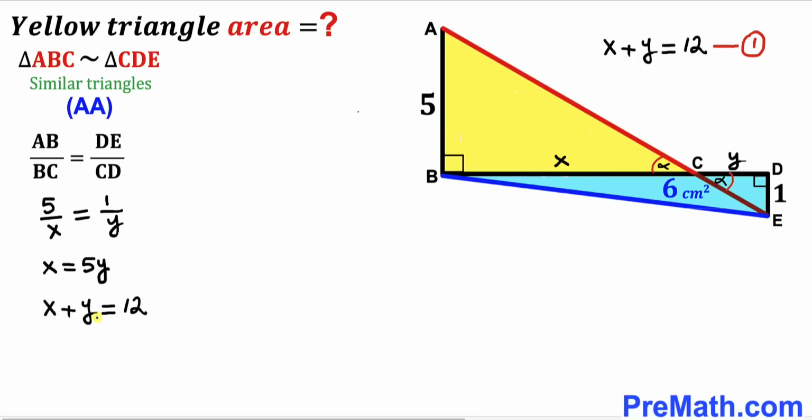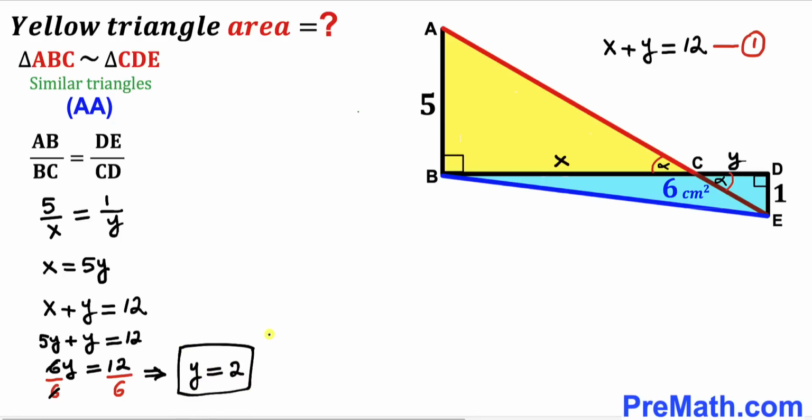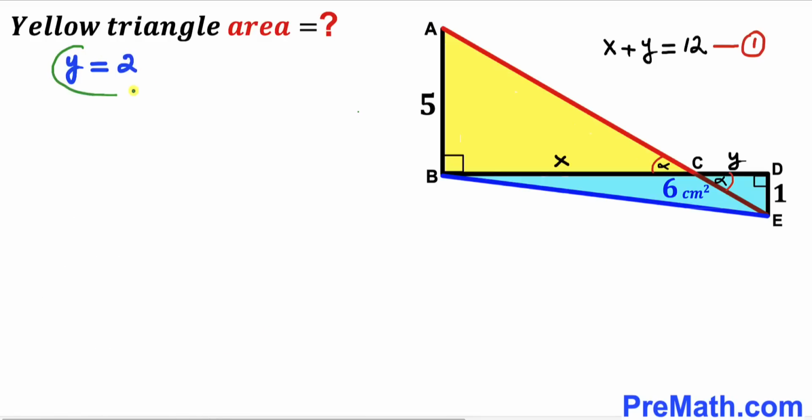After the substitution, we get 5y plus y equals 12. Let's combine like terms: 6 times y equals 12. Now divide both sides by 6 to isolate y. The 6 and 6 are gone, so our y value turns out to be 2 centimeters.